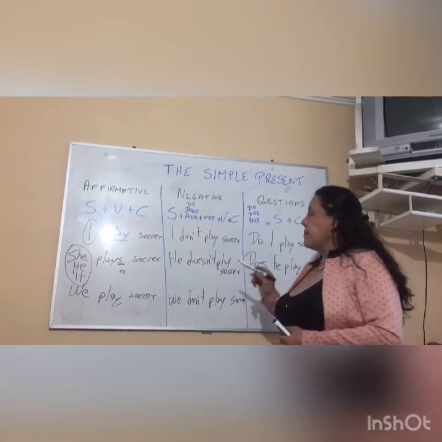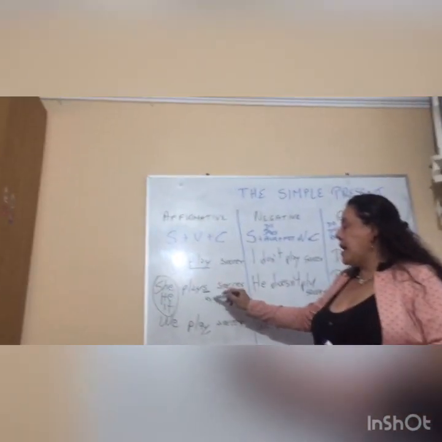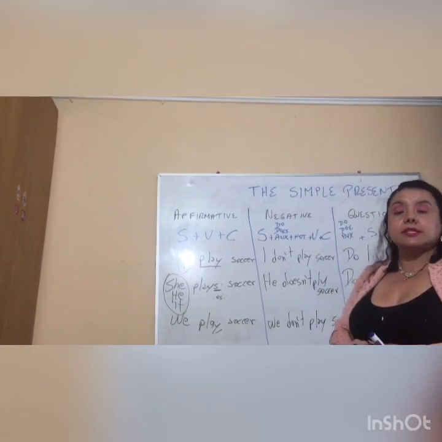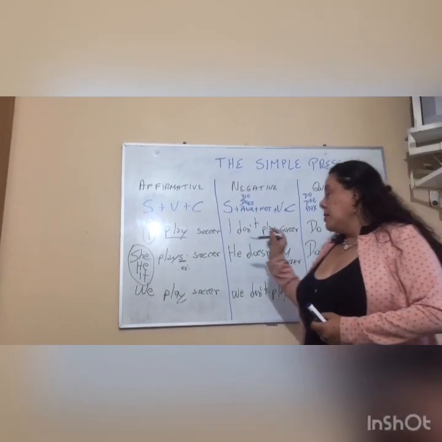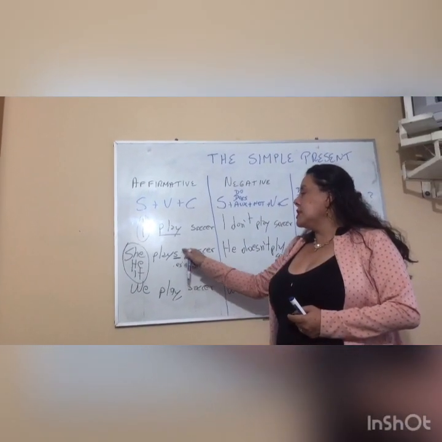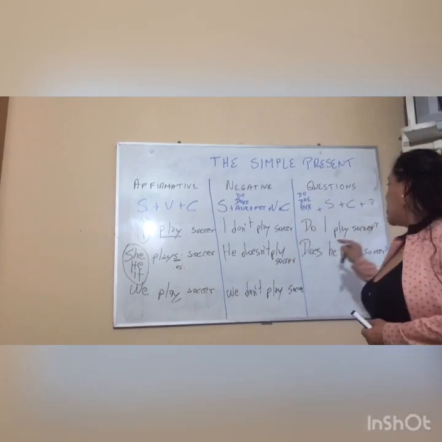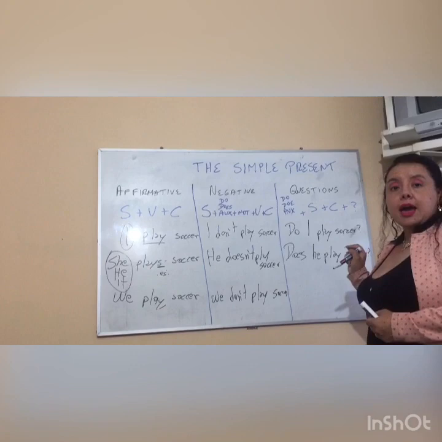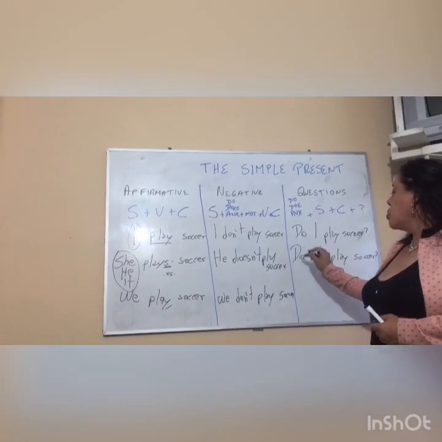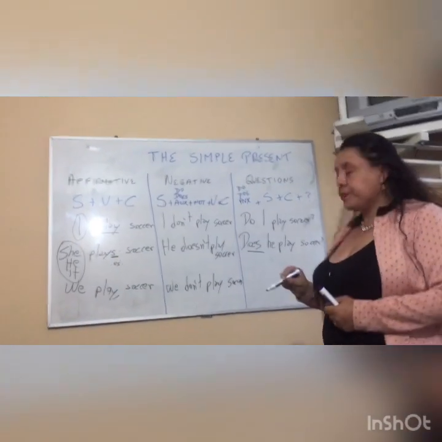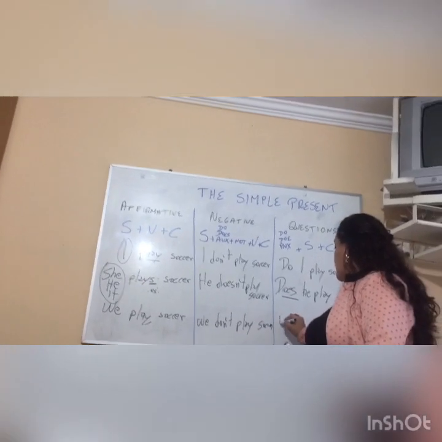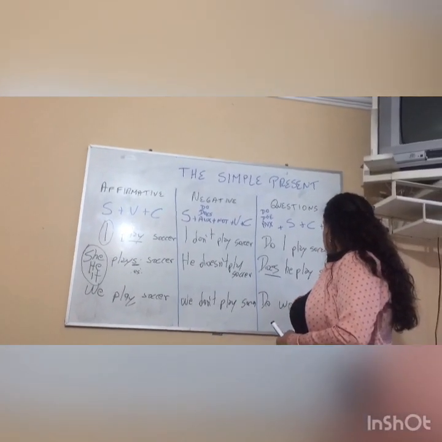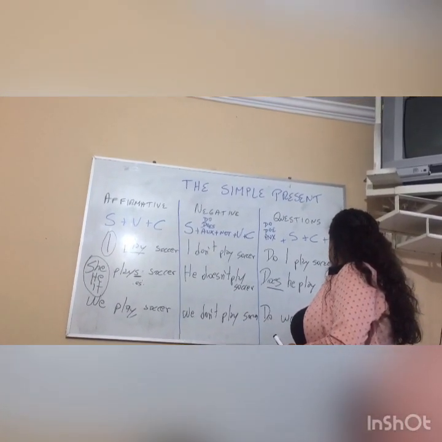Remember that the s or es in the verb is only used in the affirmative form. When we are using the questions, we don't use the s in the verb because we have the auxiliary. That is the way. Do we play soccer?